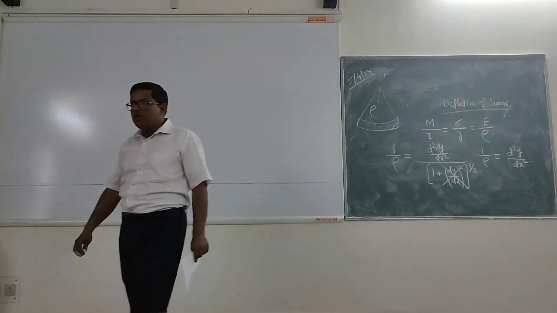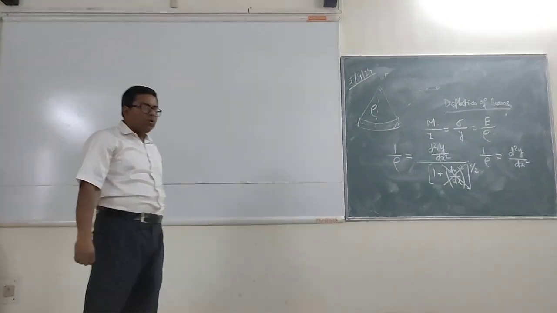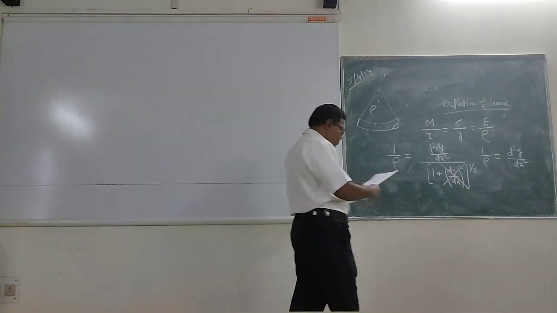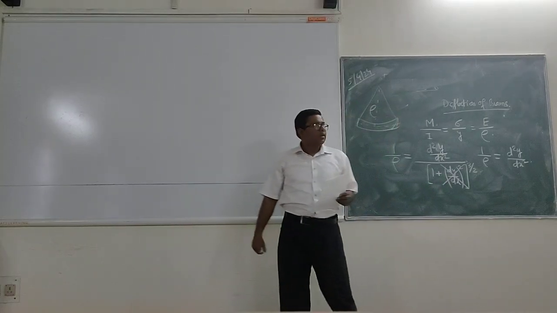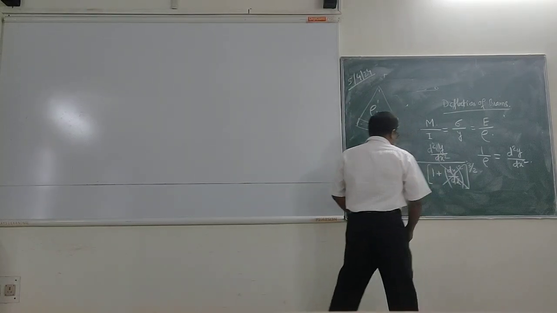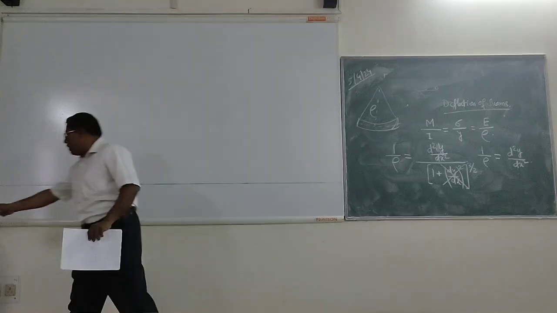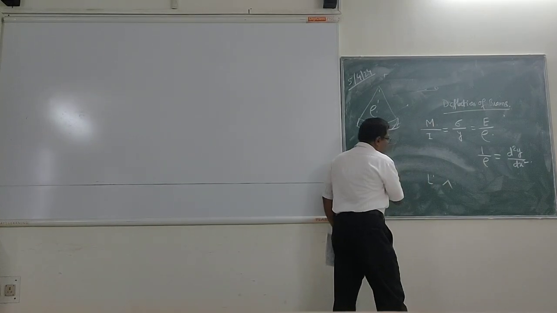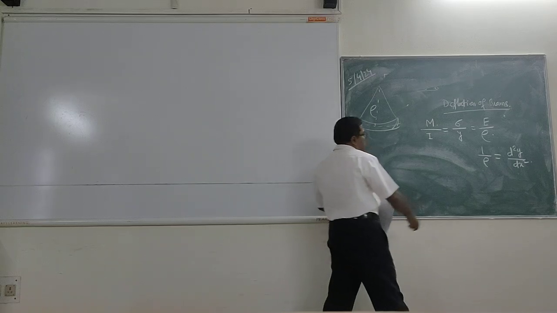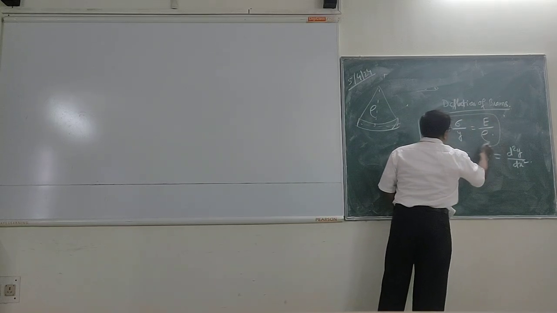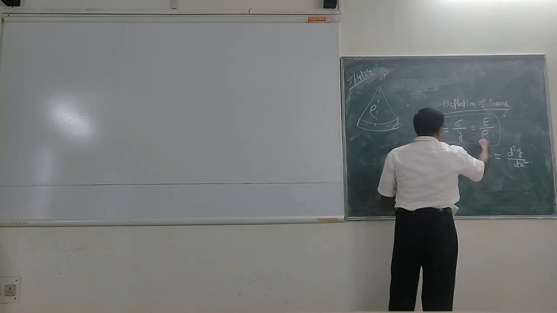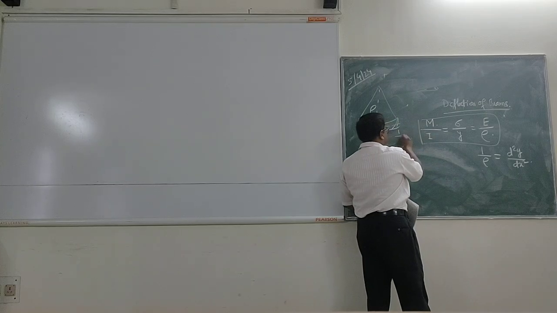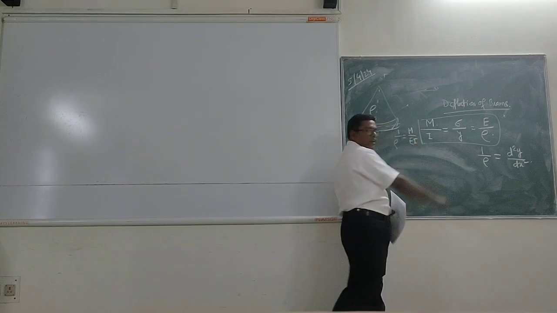So then my 1 by rho becomes equal to d2y by dx2. Clear? Is it okay? Now what is 1 by rho? From this equation, 1 by rho is nothing but M upon EI, isn't it?